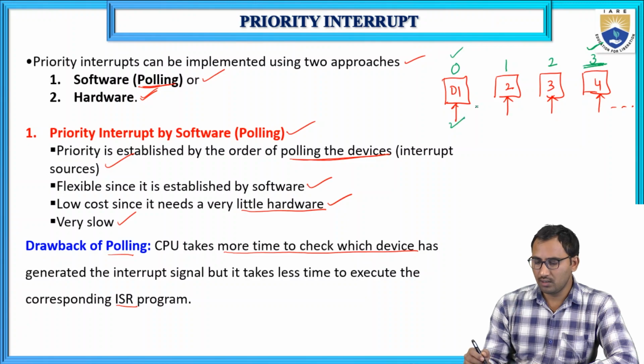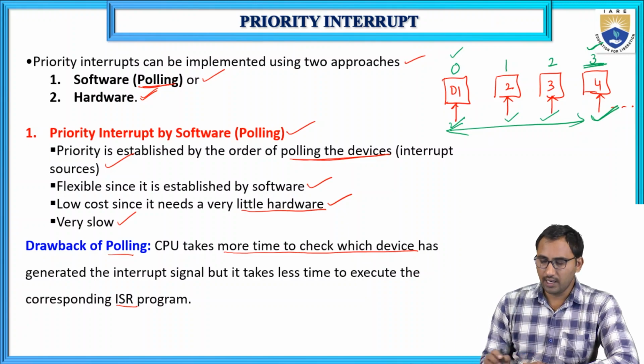If it is not that, then the second, then the third, next the fourth. Let us assume this fourth device raised the interrupt request. It takes some time to check all the devices. That's why this is a very slow process.